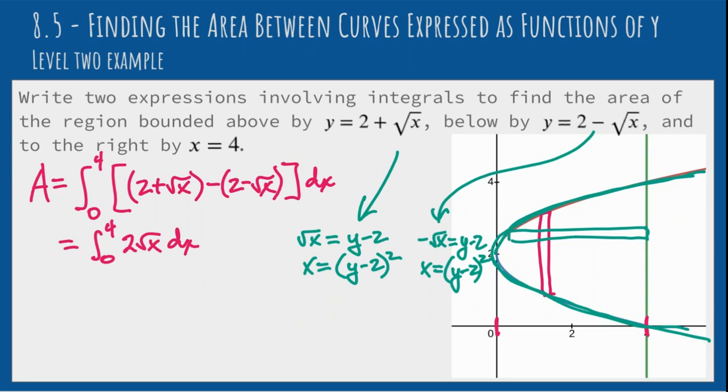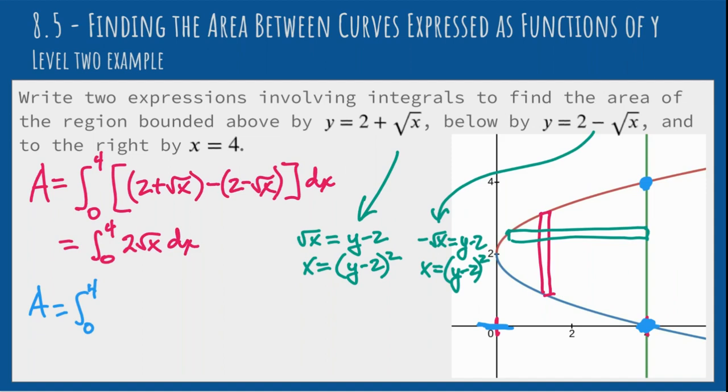So for our Riemann sum rectangles, remember, with respect to y, we always want to do right minus left, because along the x-axis, right is greater and left is lesser. So that area, with respect to y, will be the integral from the lower y value, which is 0. That's given by the y value of this intersection here. And then the upper limit will be the y value of this intersection here, which is y equals 4.